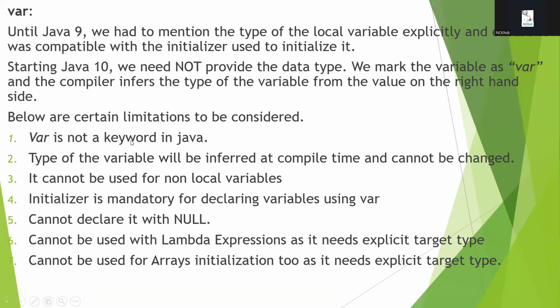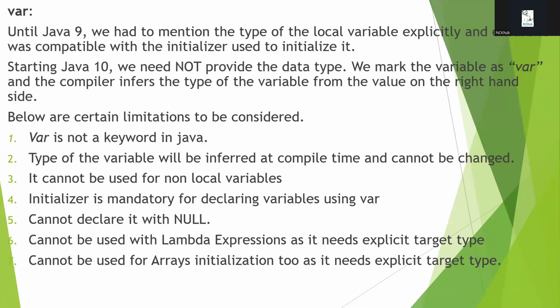So as I mentioned earlier, this is not an official keyword from the Java standards, but still it is recommended not to use it going forward as a variable name or any other name, because that is unofficially considered as one of the attributes that is used to declare variables.